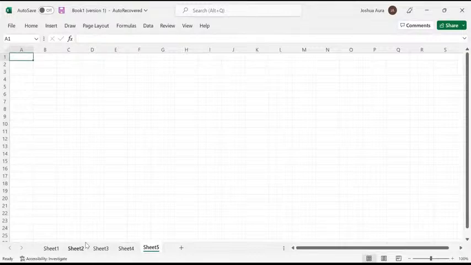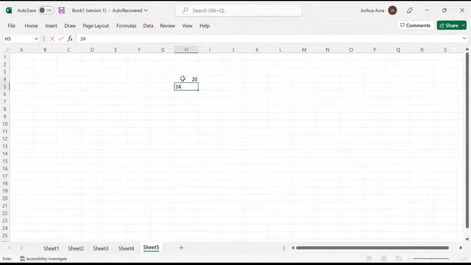So a quick recap, ladies and gentlemen. Normally Excel, as I keep telling you, is a very user-friendly software. If, for example, you are given values like 30 or 20, doesn't matter, 24, and 35, whatever.